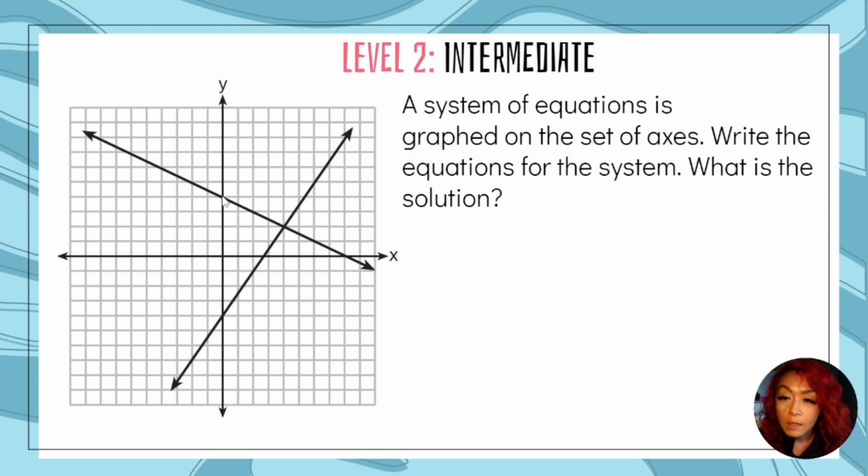So let's see. We'll rise 1 and run 1, 2. So that means our slope is negative 1/2. Our y-intercept is 4, so substituting into the slope-intercept form, we get y equals negative 1/2 x plus 4.